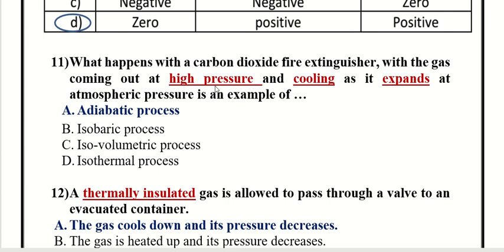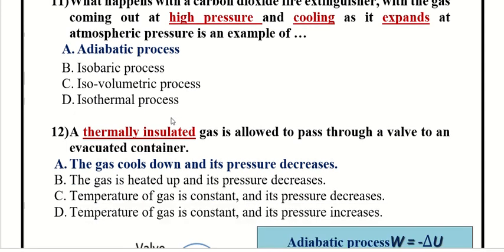So this process, with changes in pressure, volume and temperature, has the properties of an adiabatic process, without an addition of heat. There is work done without an addition of heat, which is the adiabatic process.